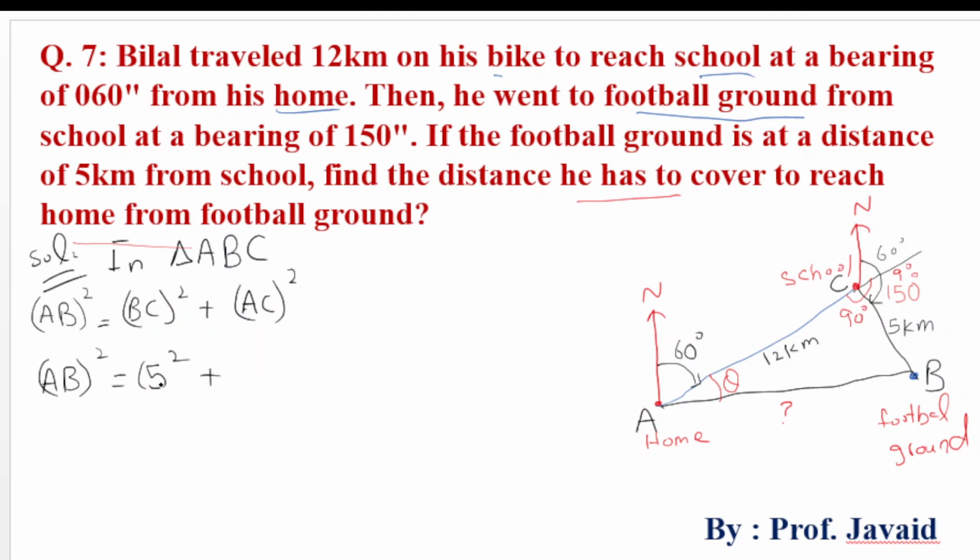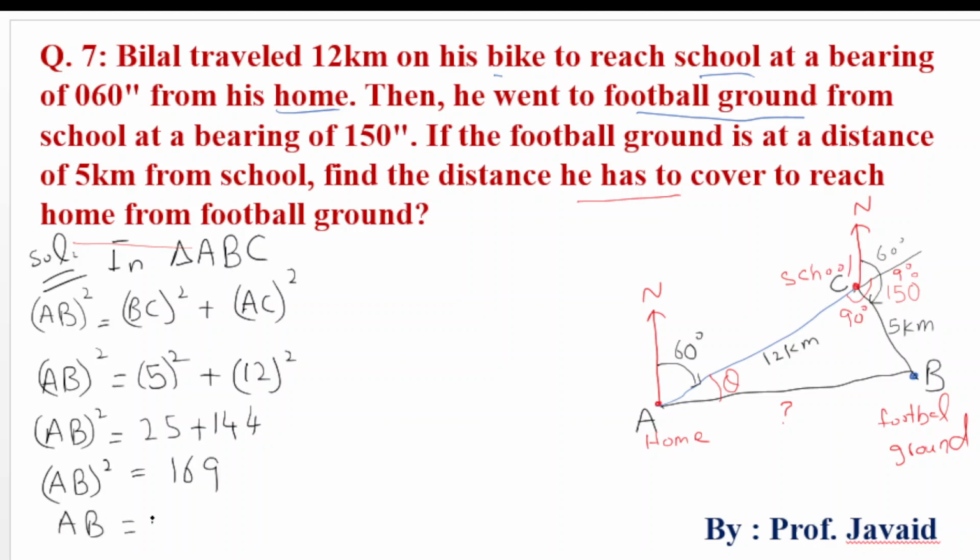There is no negative, so no need to write brackets. Put all these in the calculator and you will get 25 plus 144, which is 169. After taking the square root, you will get 13.